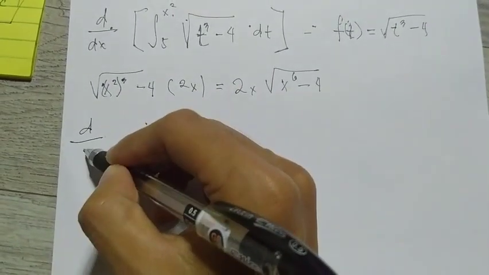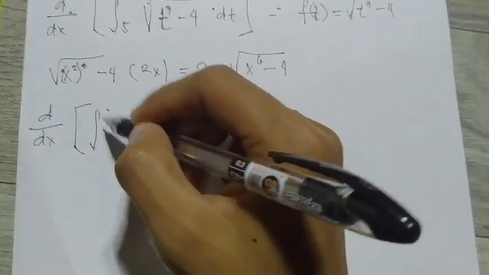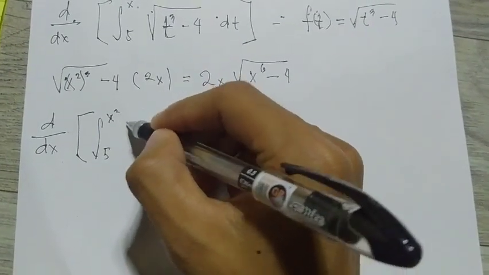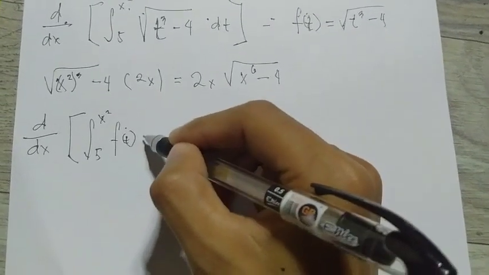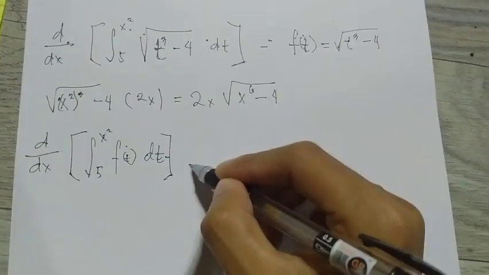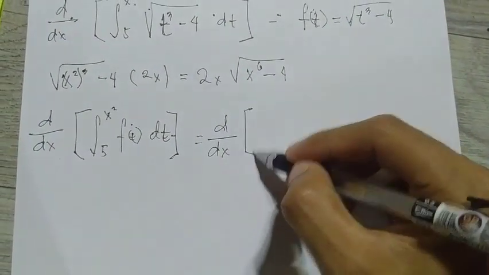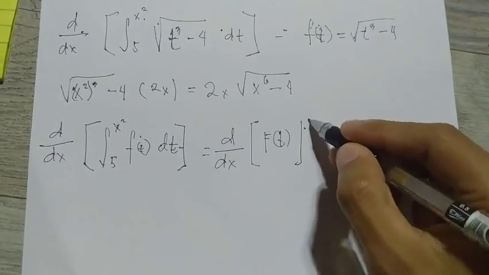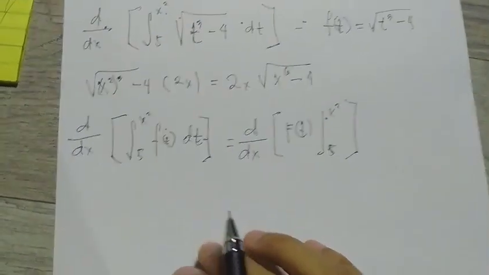And so d over dx of the definite integral from 5 to x squared of f(t) dt is equal to d over dx of F(t) evaluated from 5 to x squared.